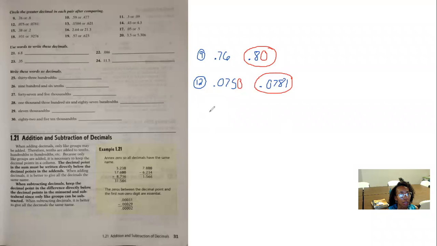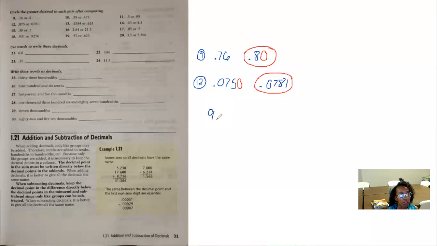Let's say that I had this, and then this one I'll make up. So for this first one, the number in front of the decimal, we would just read that as regular 9.